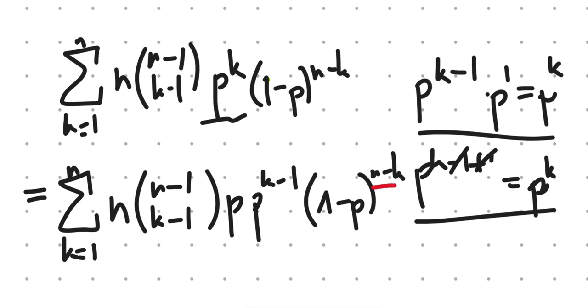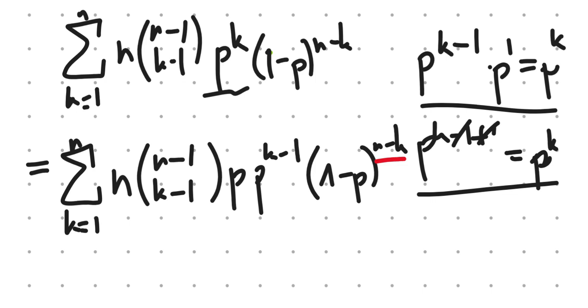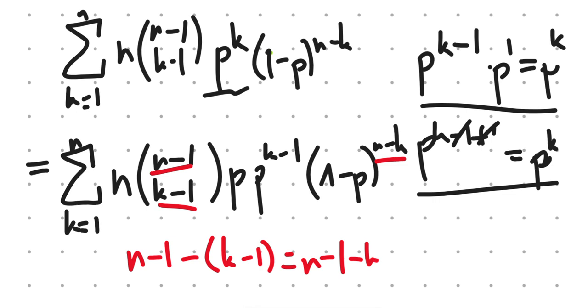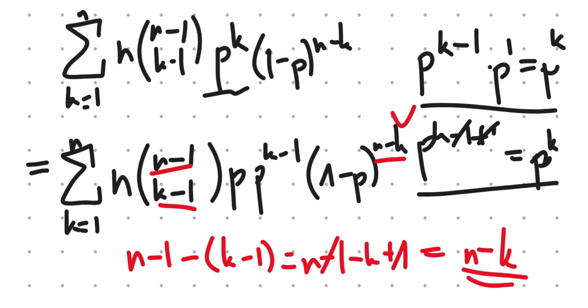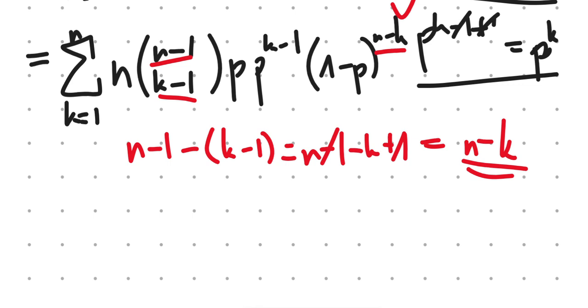Now what does the n minus k stand for? n minus k stands for (n minus 1) minus (k minus 1), which is n minus 1 minus k plus 1. The ones cancel and we get n minus k. So we don't have any problem for that exponent. Now we can suddenly see a structure.